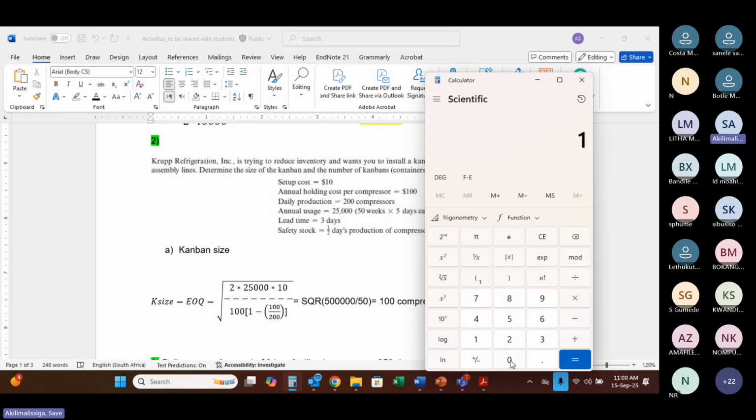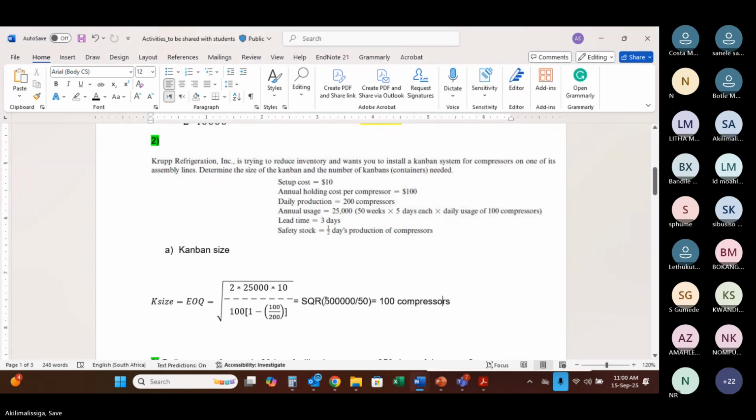Yeah, 10,000. Okay, now I take the square root. Yeah, so we needed to put the bracket first. All right. Okay, so now it gives us 100 compressors. So we have answered the first part of the question.